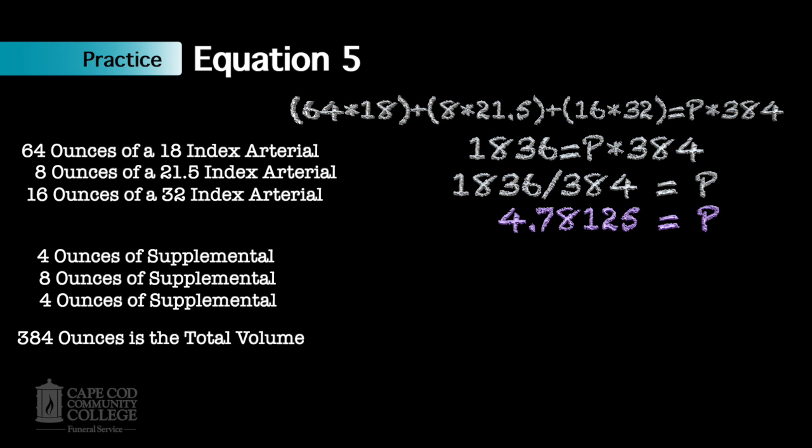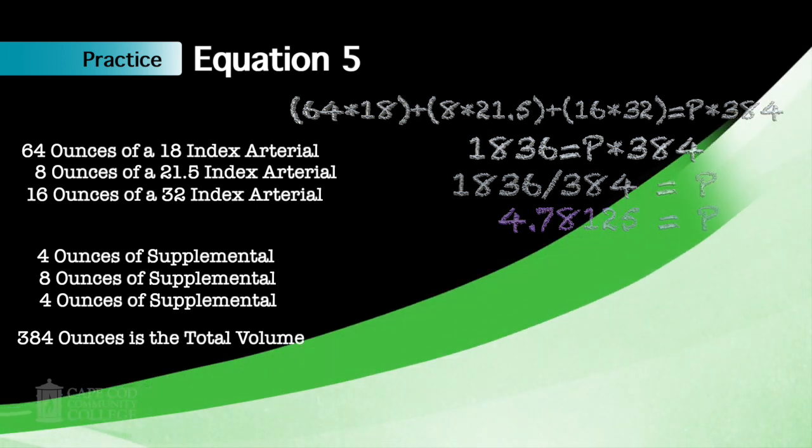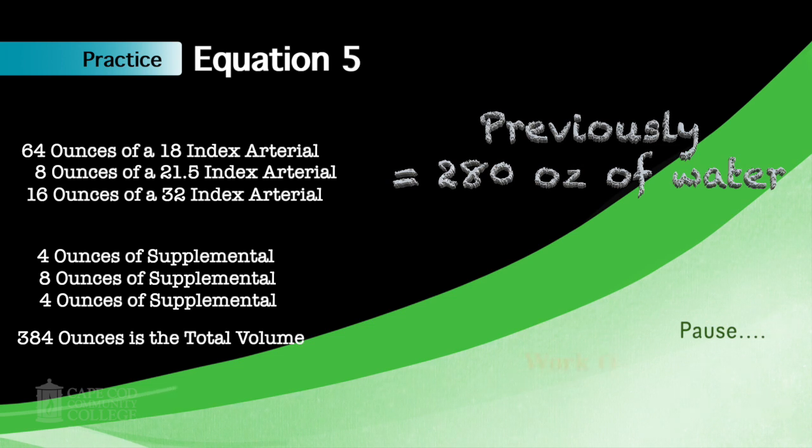So therefore, we need to find out how much water we need to add to this tank in order to make the percentage 2%. At this point, we're going to pause the video. I want you to work out the math, and when we return, we'll go over how we came to that solution.